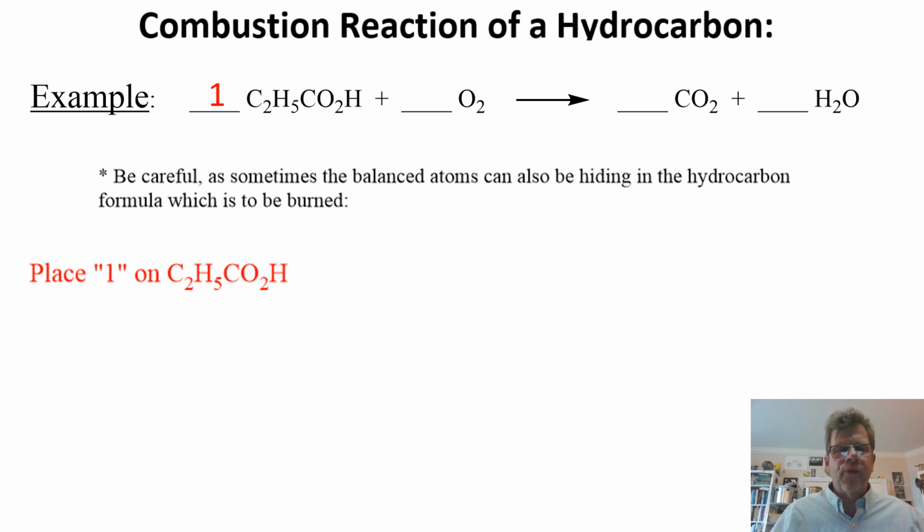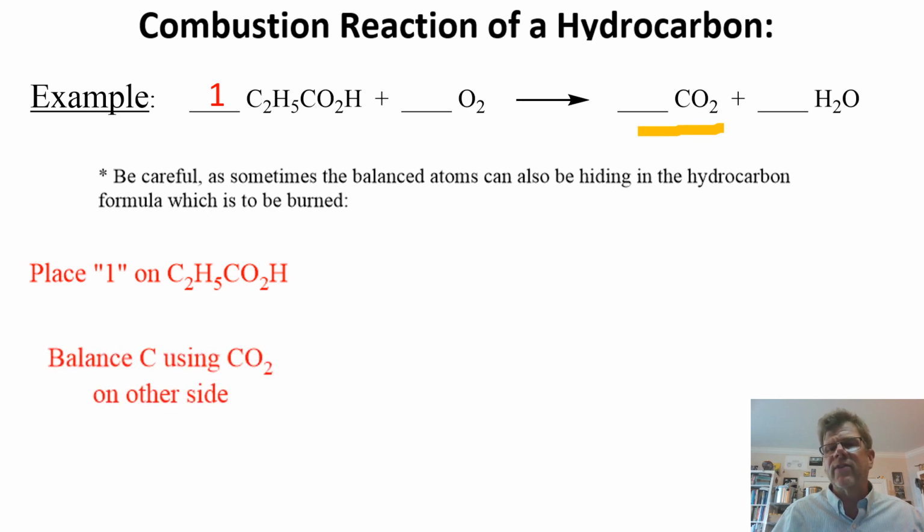So as we did before, we're going to balance carbon first. And as always, it's carbon dioxide, CO2, the carbon-containing component. Over on the reactant side, we had 3 carbons. So because there is 1 carbon on CO2, we're going to place the numeral 3 in there, and we have now balanced carbon. Wonderful.